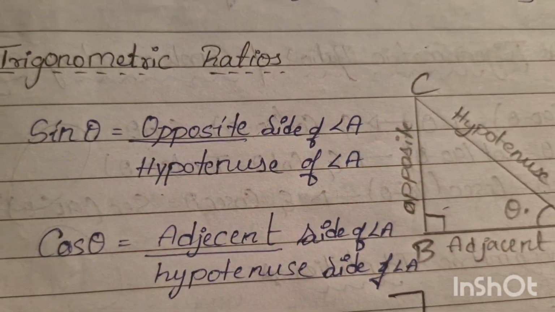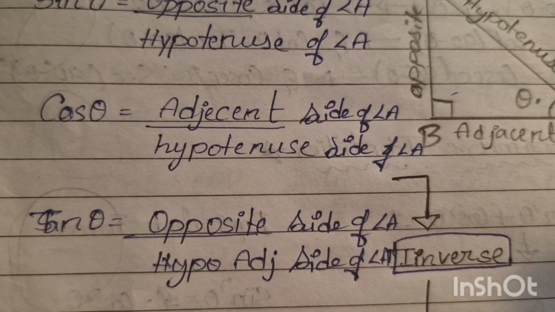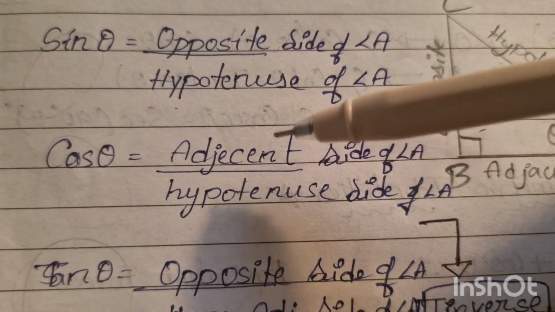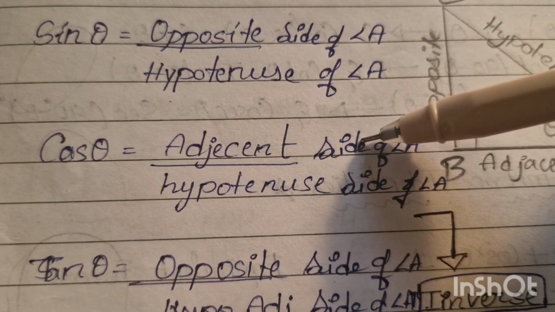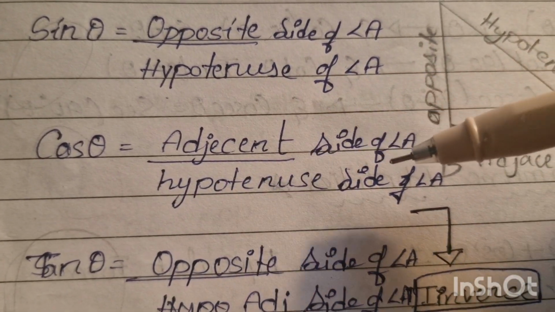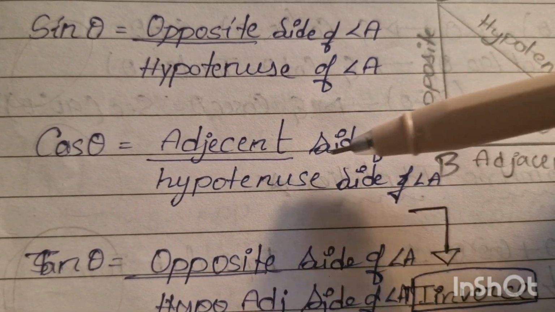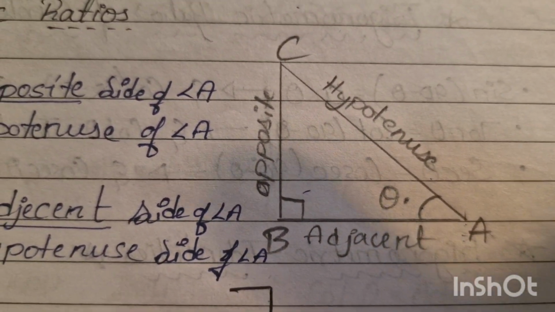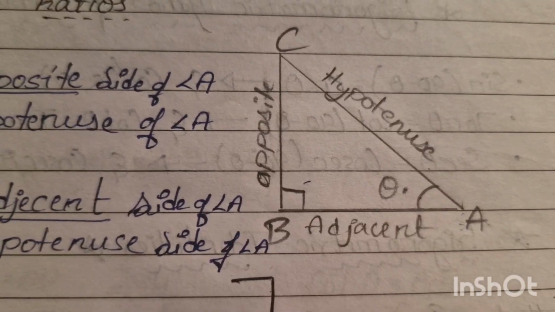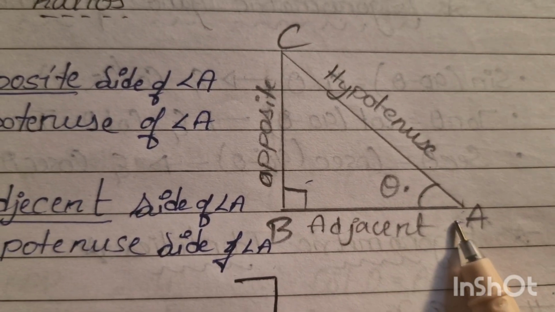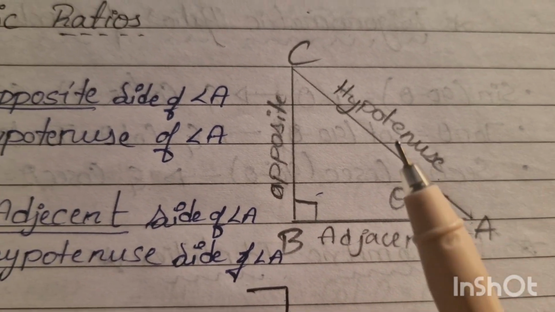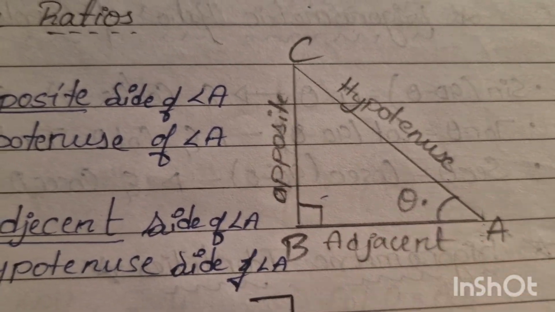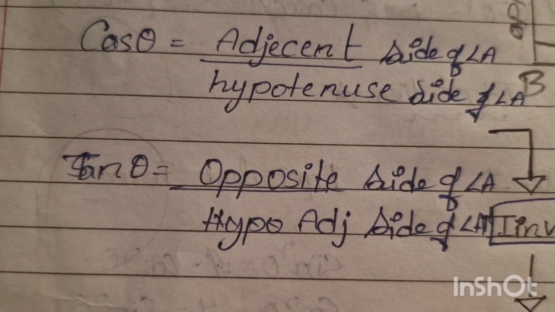This is sin theta. Moving to cos theta, cos theta is equal to the adjacent side of angle A by the hypotenuse of angle A. Here the adjacent side of angle A is BA and the hypotenuse of angle A is CA. So BA by CA. Now next we have tan theta.